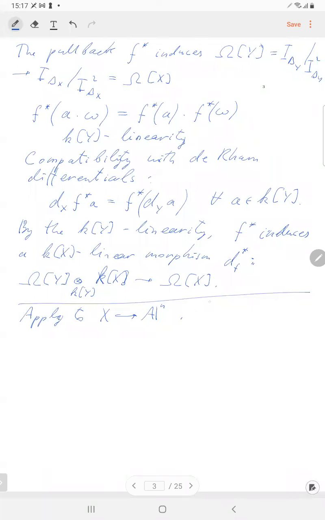So let's suppose we have a closed embedding of two affine varieties. Say Z in X, a closed affine subvariety.